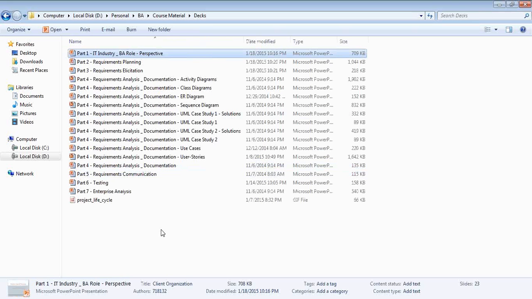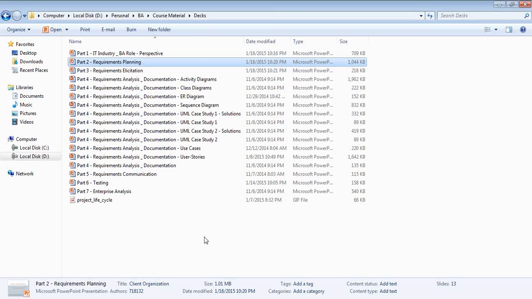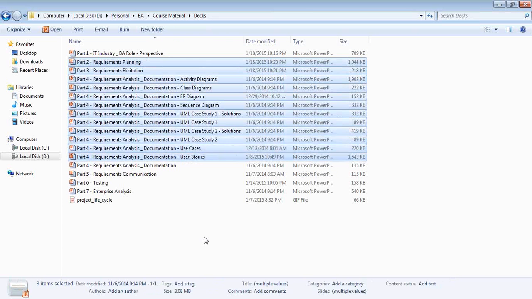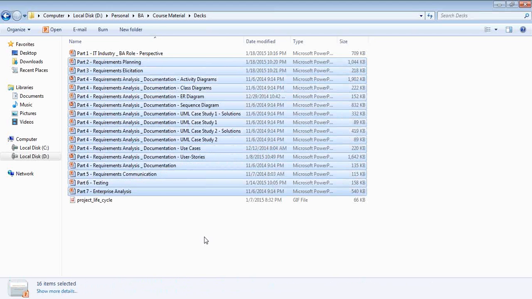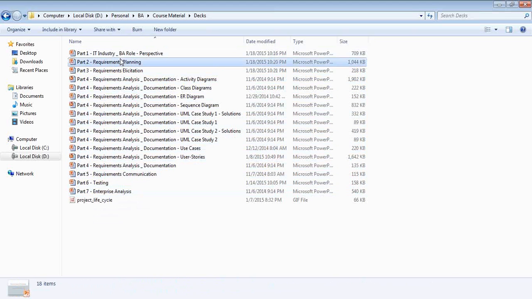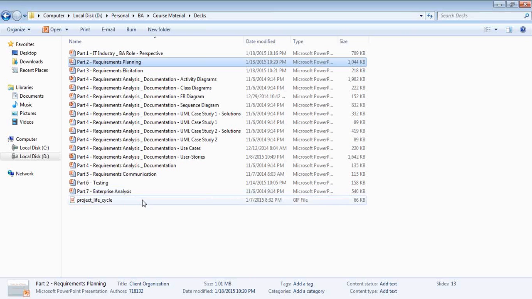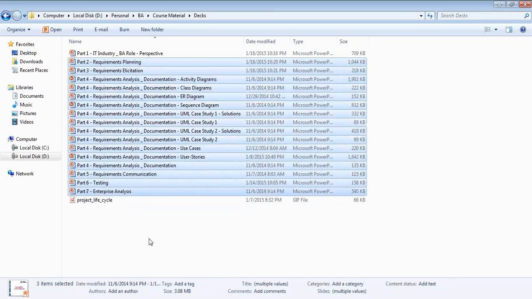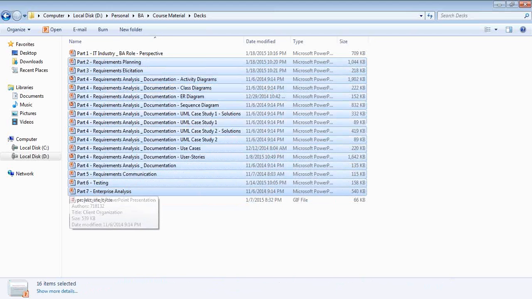The first section was the industry overview, basically orienting people to how the IT industry works. The next 6 parts would be the 6 knowledge areas about the role of a business analyst. We haven't yet got into the role of a business analyst. I've just covered the introduction and given a perspective of how the industry works.